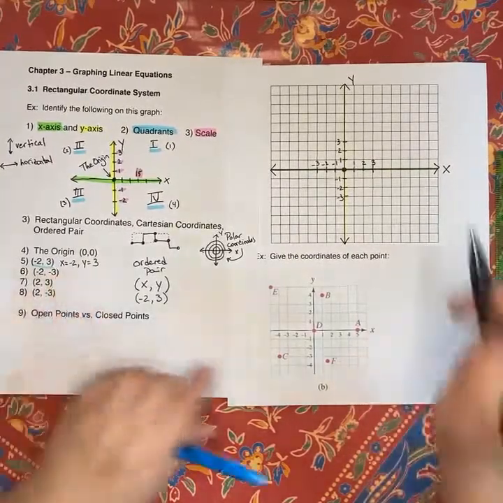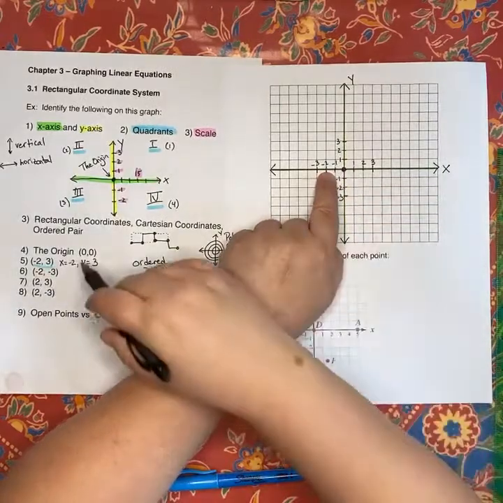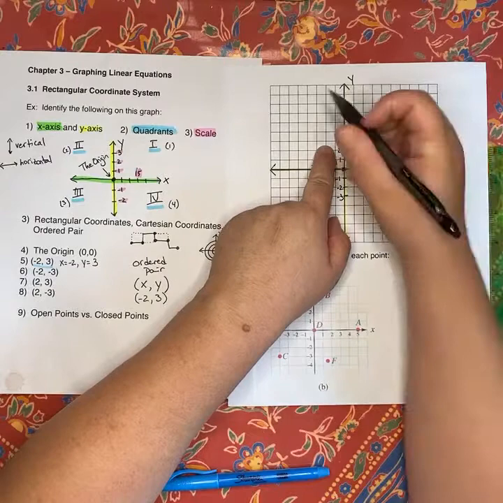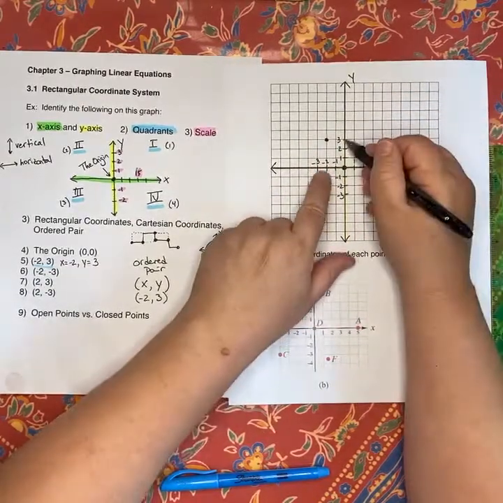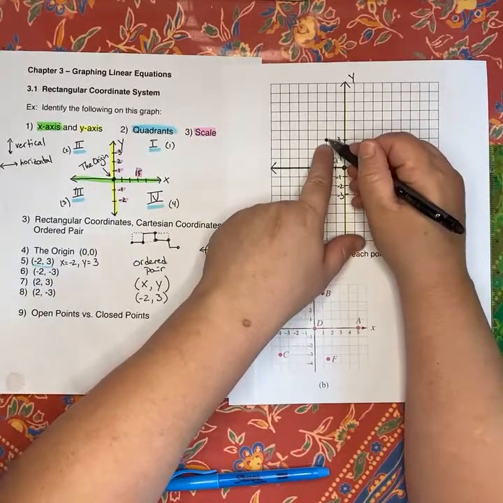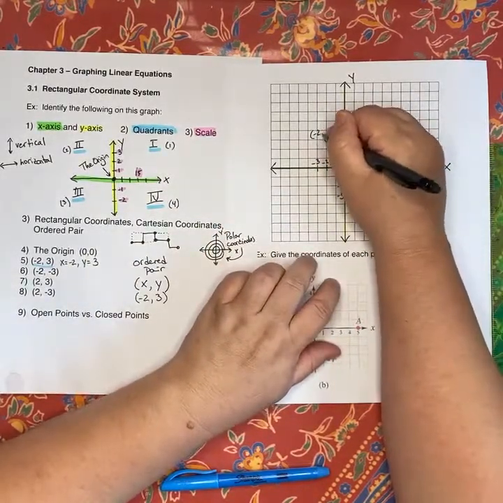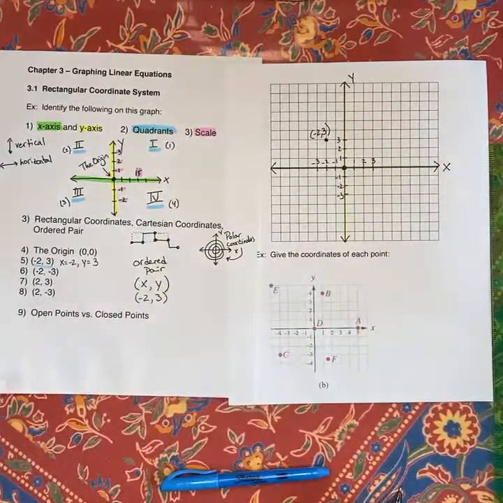So x is -2. So on the x-axis, I find -2. And y equals 3. So on the y-axis, I find 3. And then I move towards each other and I find the point. See how they both, this is where y equals 3. This is where x equals -2 right there. And this is the point -2, 3. So far, so good.